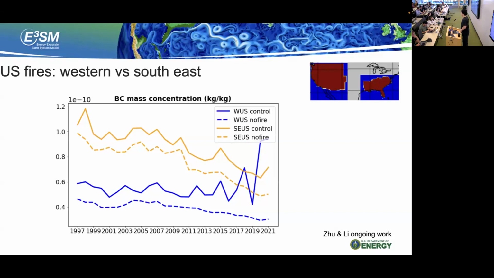But if you look at the MODIS fire counts map, there are more fires happening in the Southeast. And maybe the reason is that a lot of the fires in the Southeast are prescribed fires, so the emission strength and intensity is lower, but it doesn't make sense that we often exclude the Southeast US in the fire analysis. So this is just a comparison.